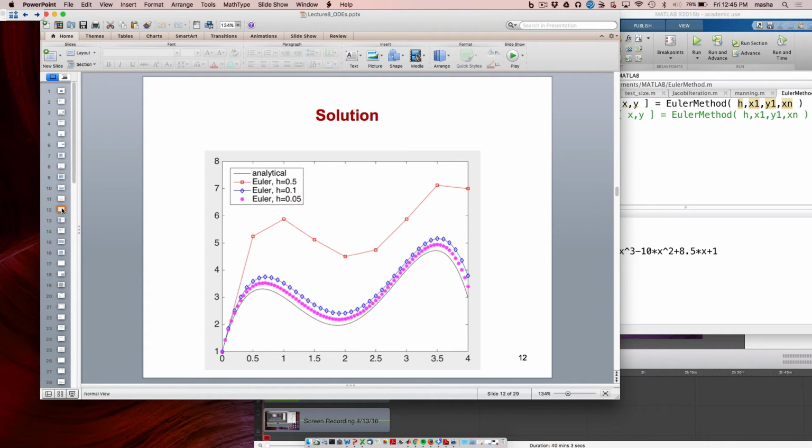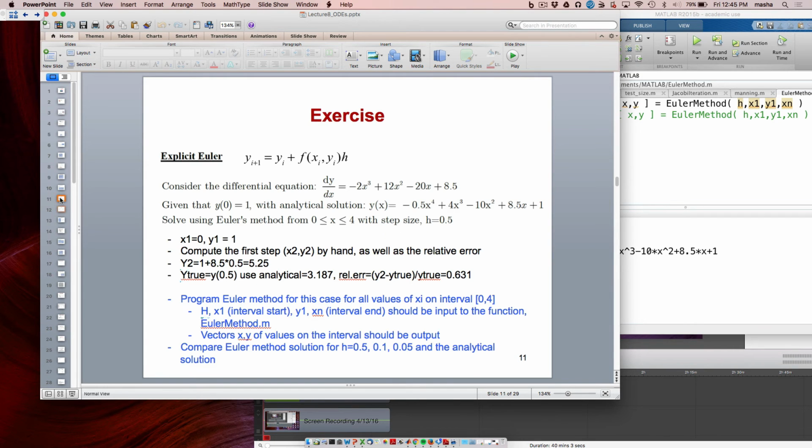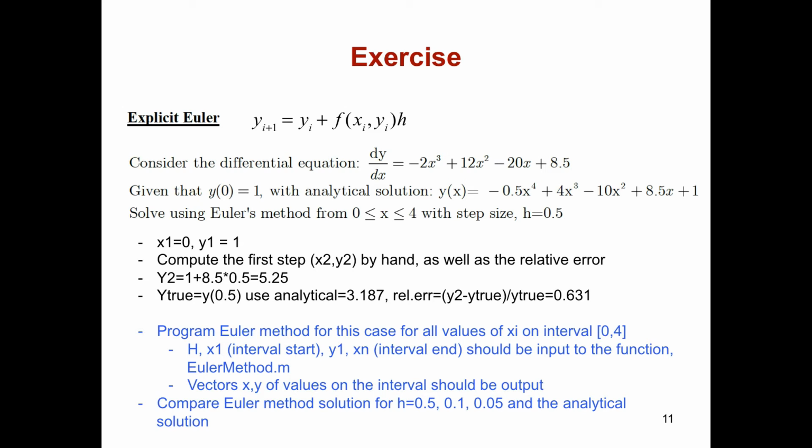The solution looks something like this when you actually plot all of the different h's. That's your motivation for where you need to get at the end of the class. It's good to have a visual, like in swimming, you gotta prop your head up and see where you're going.